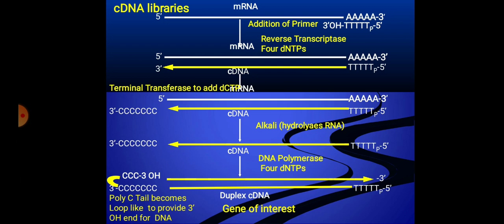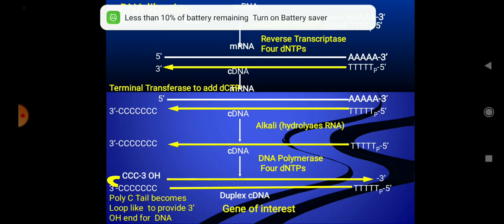Then the cDNA is made double-stranded. The 3' end of the cDNA becomes loop-like, where the poly C is present. As it becomes hairpin loop-like, it provides a 3' free OH end for the DNA polymerase for the addition of the nucleotides to synthesize a new DNA strand on the cDNA.